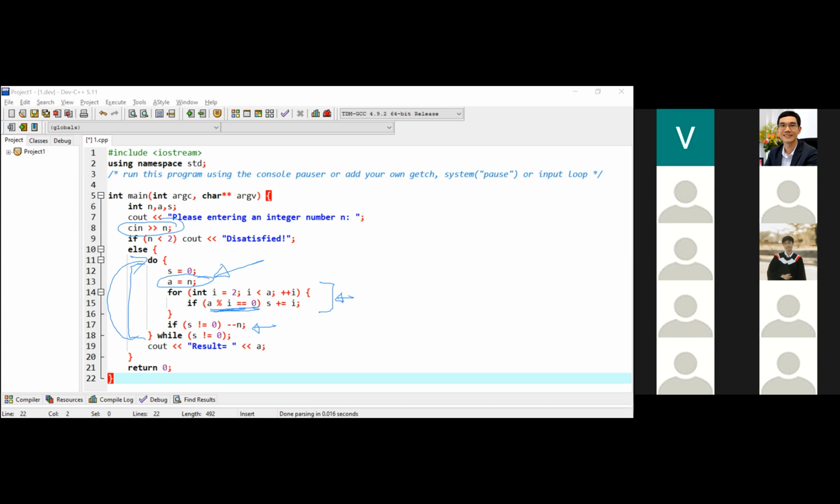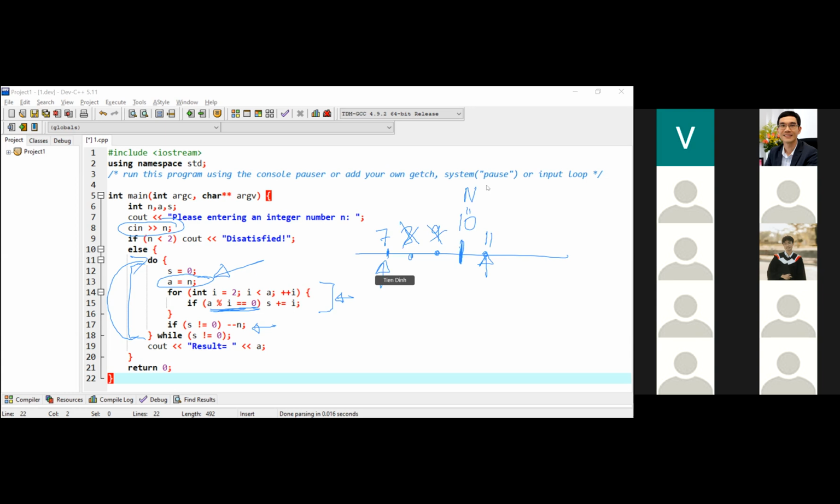So if, say, you have the number 10 here, which is n, the next closest prime number is 11. Rather than going down to 9, 8, and 7 and stopping at 7. Is it clear, John?